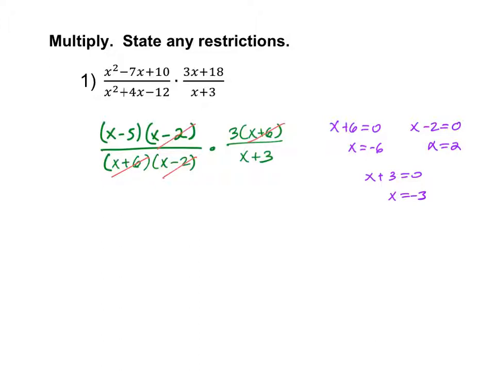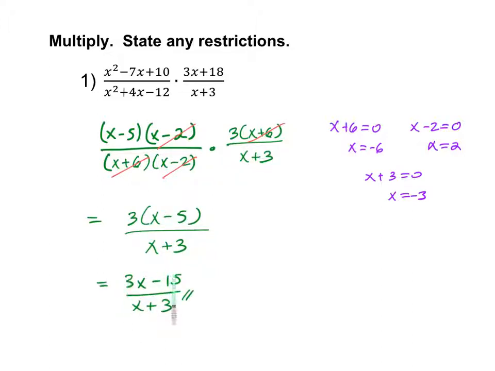So this is the same as 3 times x minus 5 divided by x plus 3. We can distribute that 3, so this is 3x minus 15 divided by x plus 3. And that's it. I cannot simplify anything else right there. So x cannot equal 2, negative 6, negative 3, or 2. And that's it for this exercise.